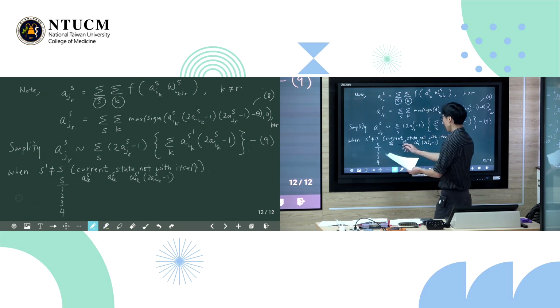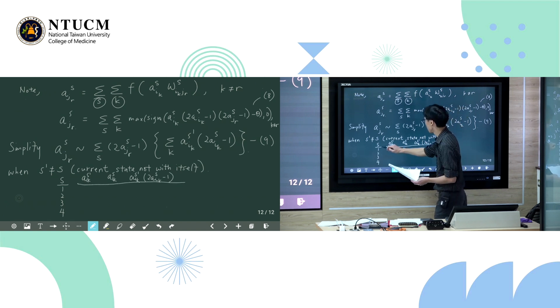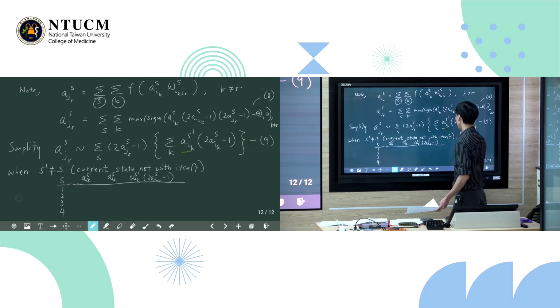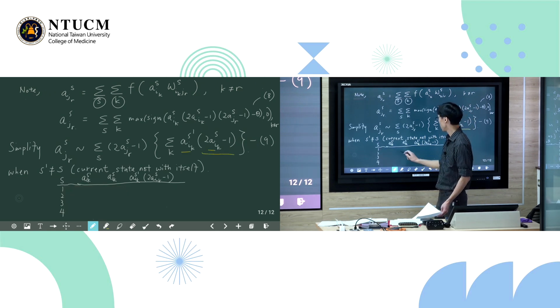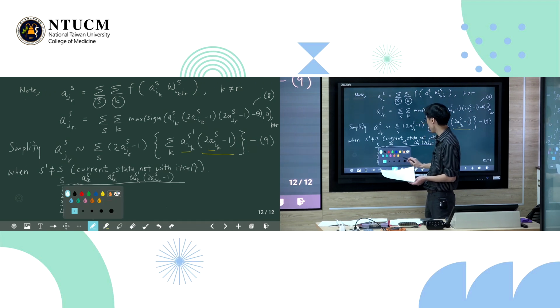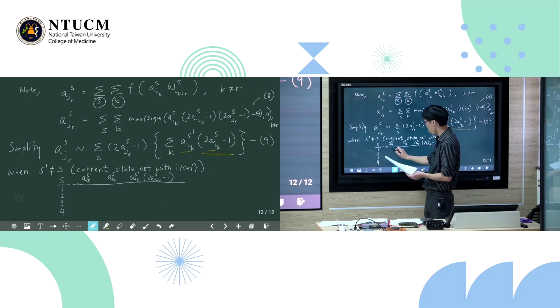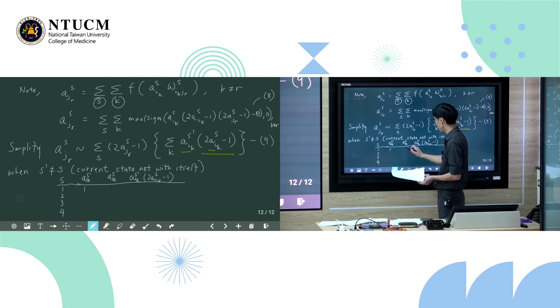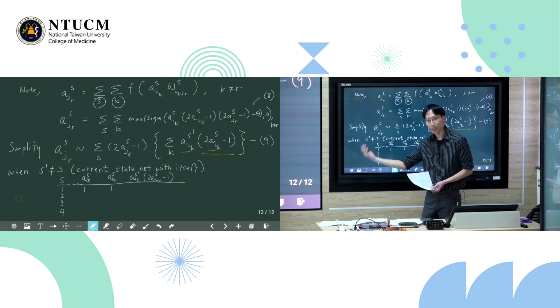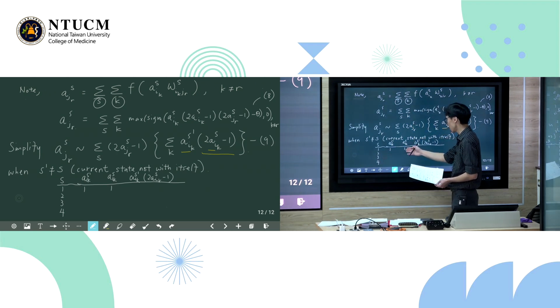Okay. I have 3 columns because I'm talking about this variable here, this one, and this one. Okay. So 3 things. When S prime is not equal to S, then if AS prime I is 1, and the input activity is 1, then this term, because the two are not the same, is going to be 1.